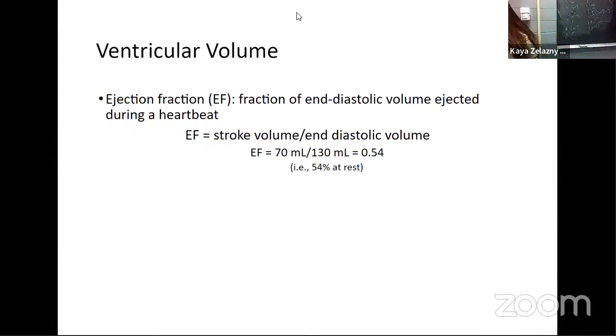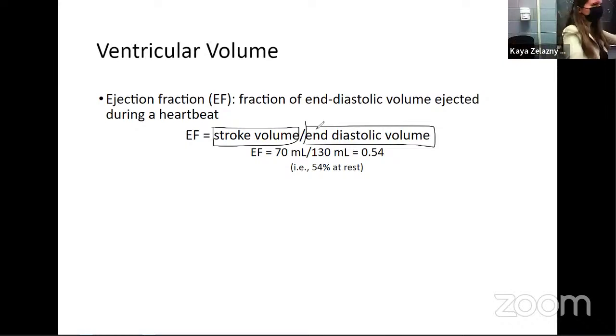So to find the ejection fraction, we'd look at the stroke volume. So that would be like our milliliters of blood leaving the heart with a heartbeat, but we'd compare it to the maximum amount of blood you had in your heart, right? So this is going to give you a number that's more relevant to compare between people, or that you could compare to a chart, compare to what it should be, right?